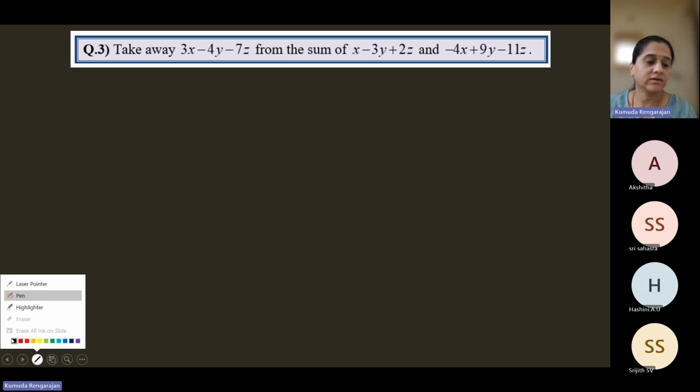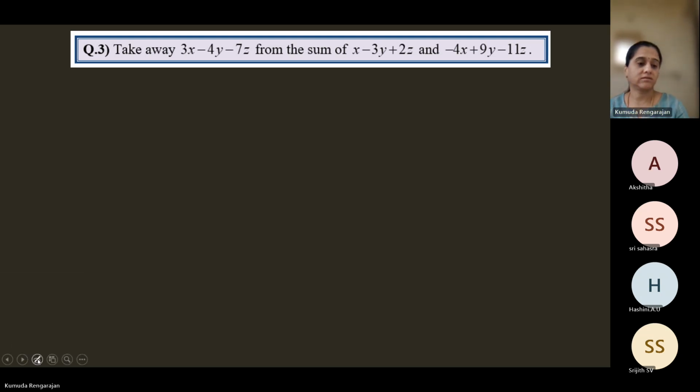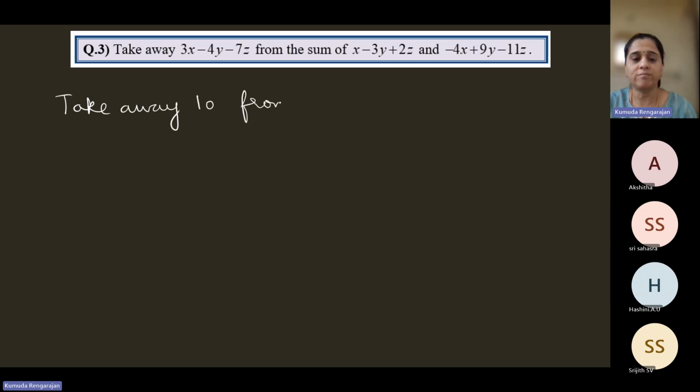Take away 3x minus 4y minus 7z from the sum of the given two expressions. So it's like take away, listen to me, take away 10 from the sum of 2 and 6.